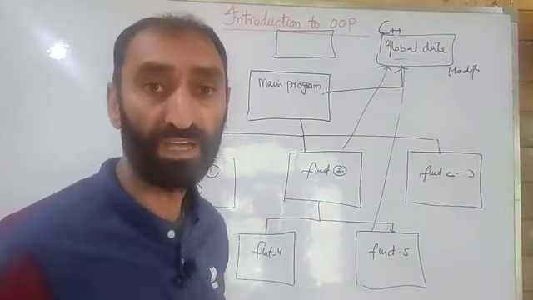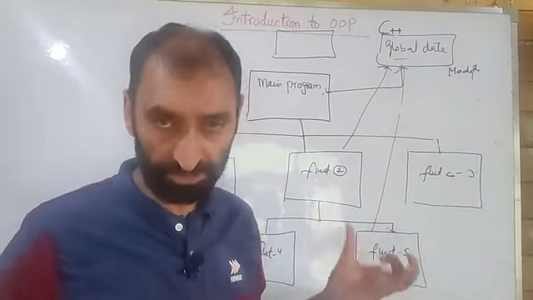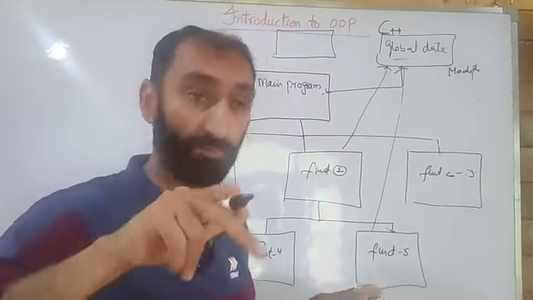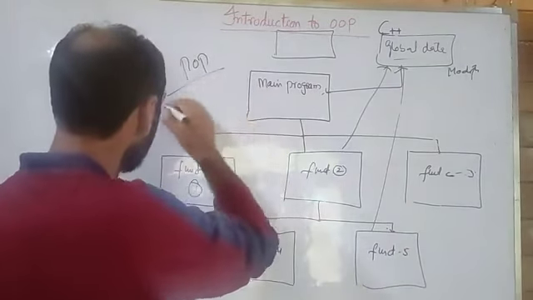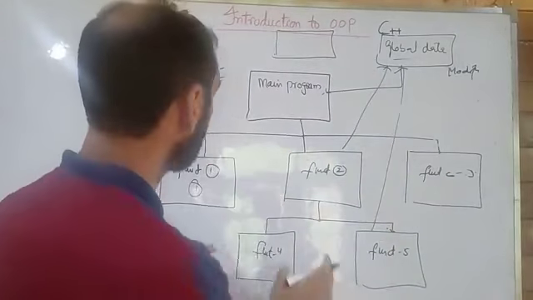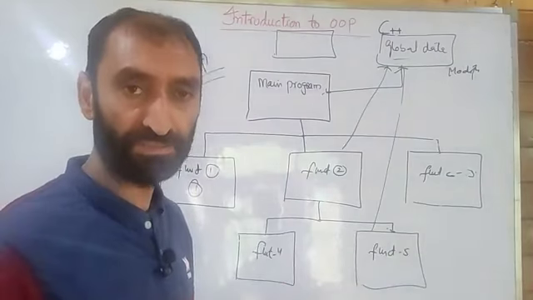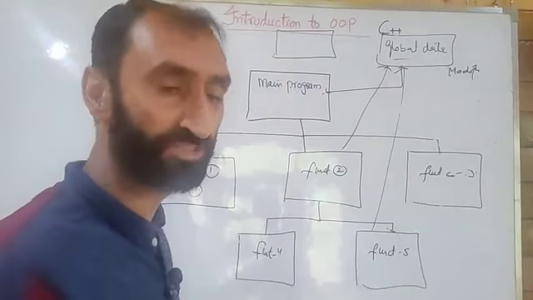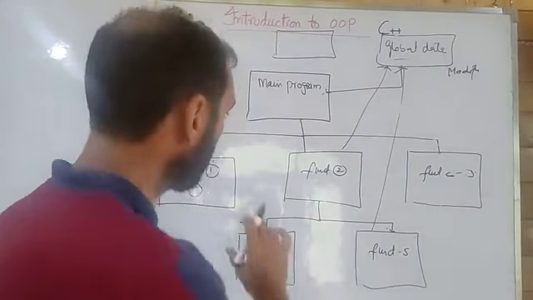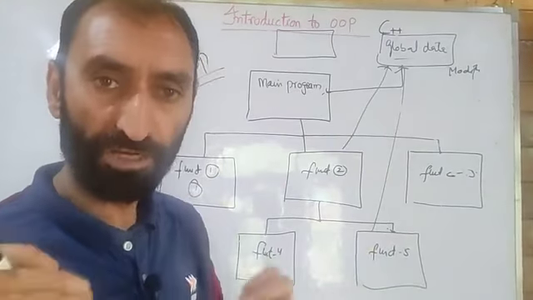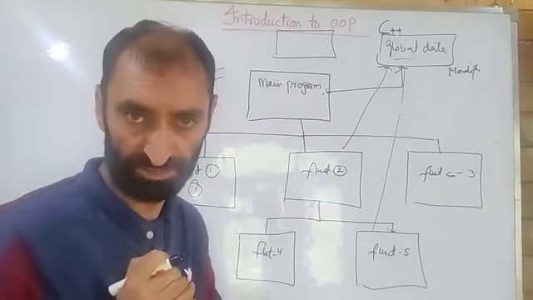But as we know, the data is one of the most important resources, and the priority must be given to the data. But here in procedural oriented programming, the priority is given to the procedures or algorithms rather than the data. This is the main drawback of the procedural oriented programming methodology.